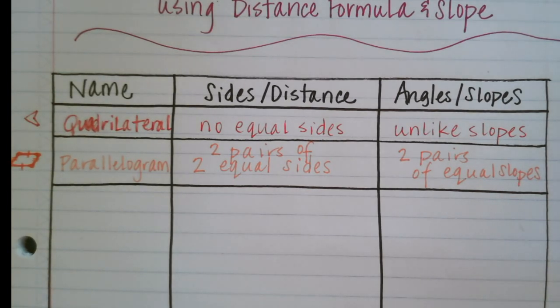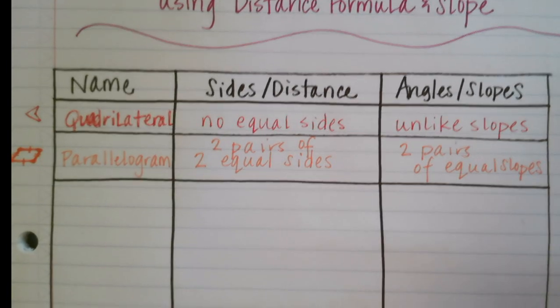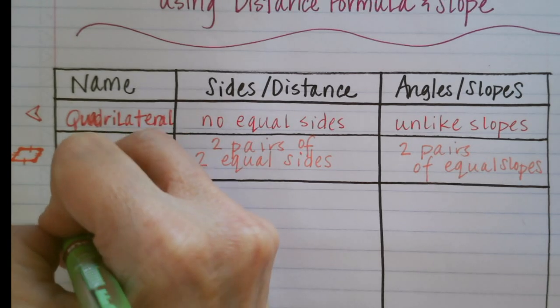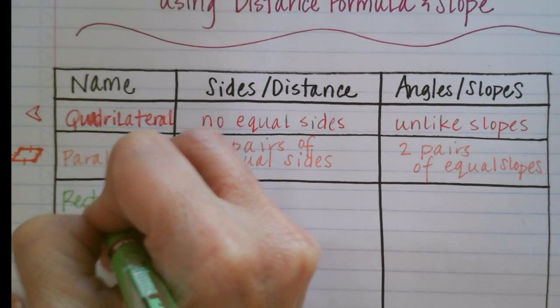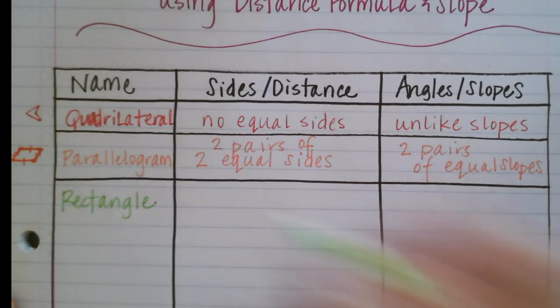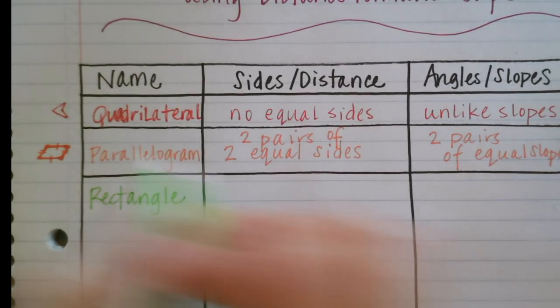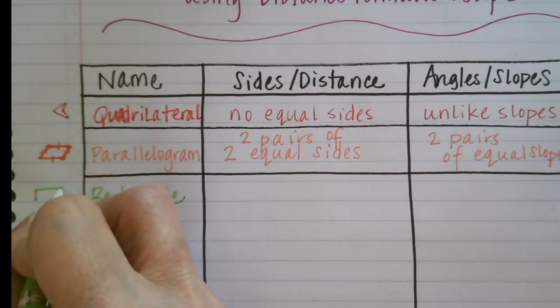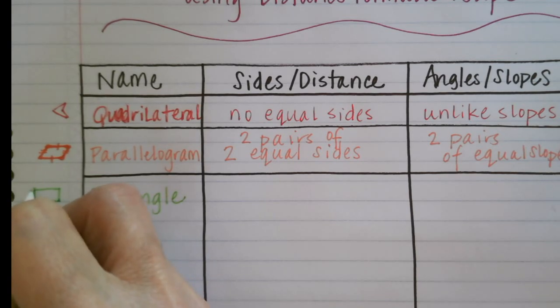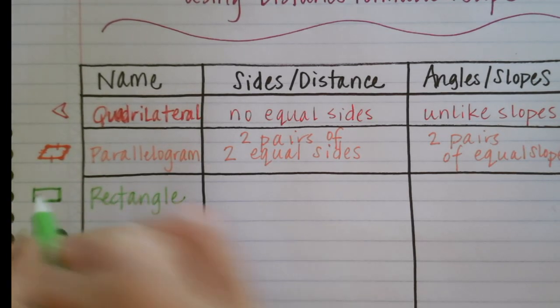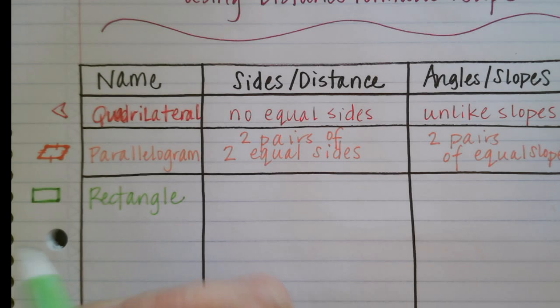All right. Next shape, let's go with a rectangle because that one comes next in the family lineup. We usually think of a rectangle like this. So let's talk about what we know about a rectangle.